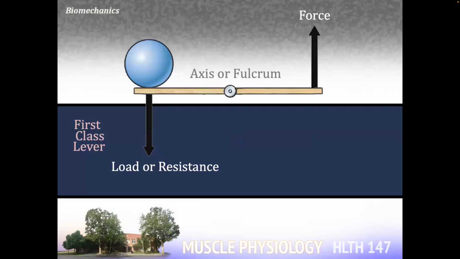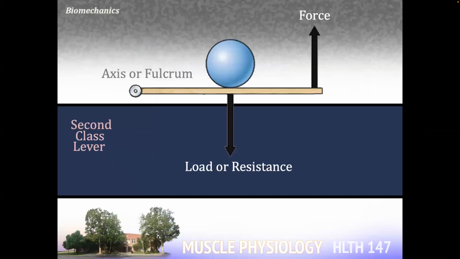You can increase the mechanical advantage by moving the ball closer to the fulcrum. So you're shortening the moment arm of the load, or you can introduce a mechanical disadvantage by moving the ball farther away.